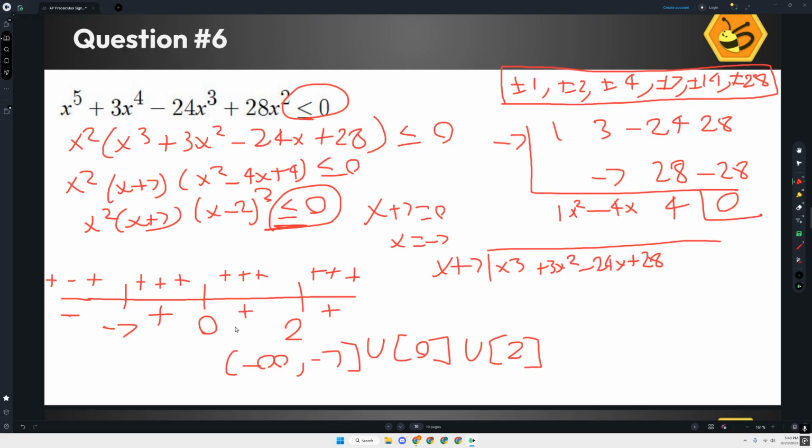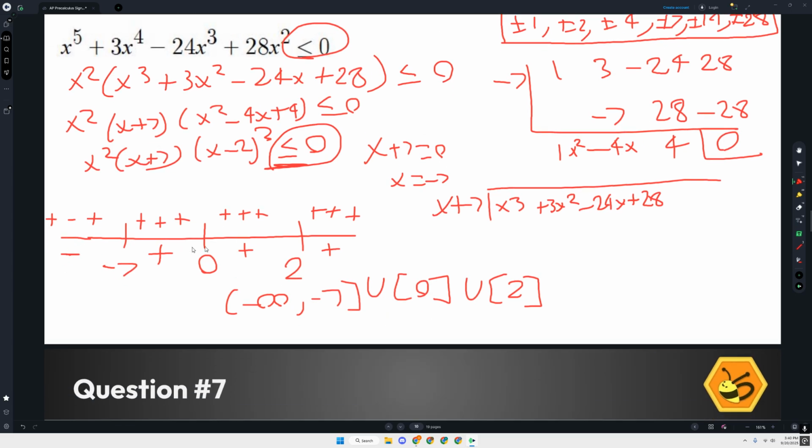If you're trying to imagine the graph, this is our x and y axis. It would look something like this. It would bounce, bounce, and then it would go through first. It would bounce and then keep going like this. On the quadratic part, it will bounce. So at x squared, which is here, and there's also another bounce.